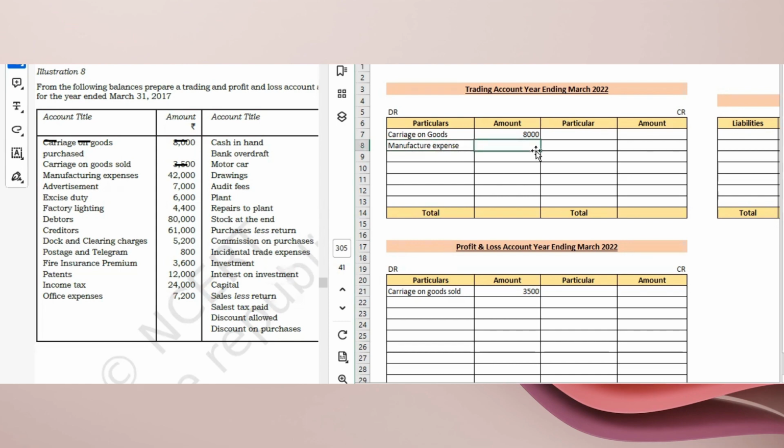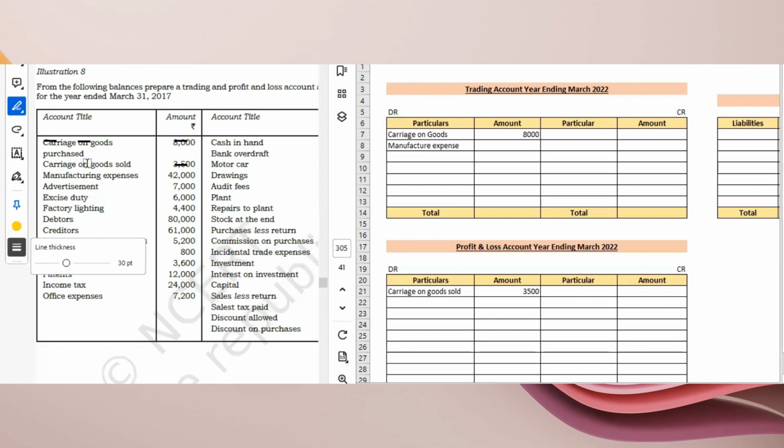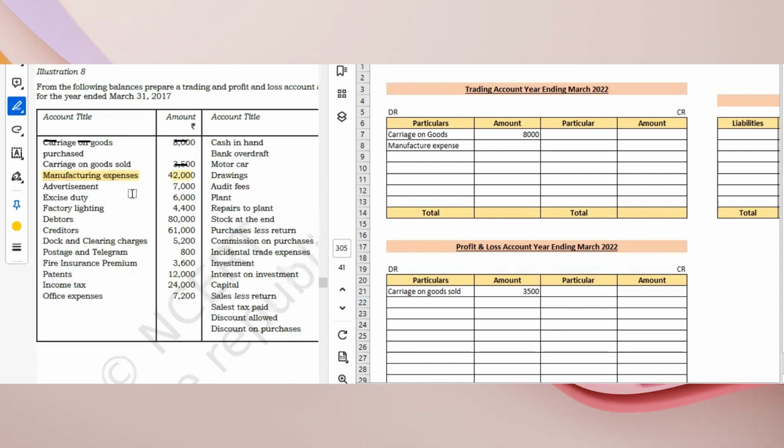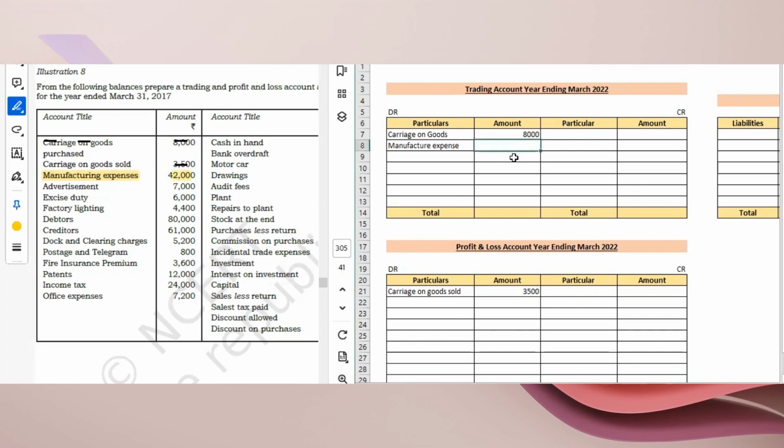Whatever comes under the trading account, we will highlight in yellow. So manufacturing expenses will come under your trading account, and we will put it there.